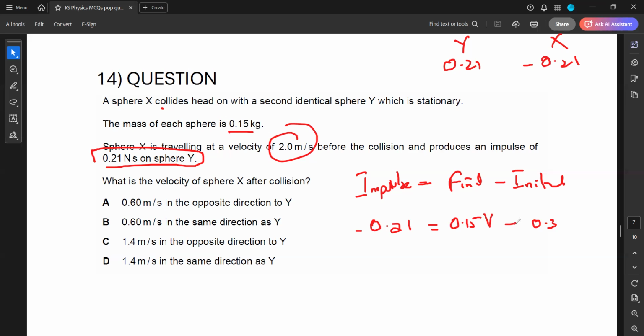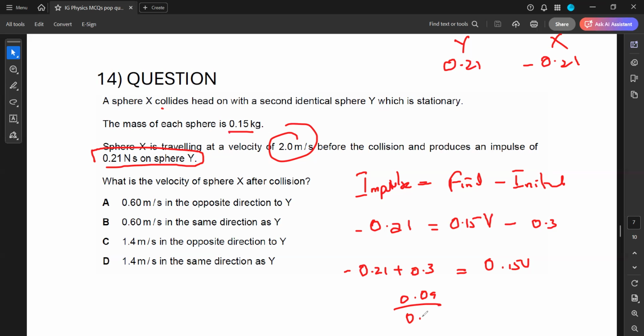Now this is negative 0.3, on the other side it will be added. So it is 0.21 plus 0.3 because it was negative. Moving to the other side, it becomes positive, equals 0.15 V. When you simplify this, it is 0.3 minus 0.21, which equals 0.09.